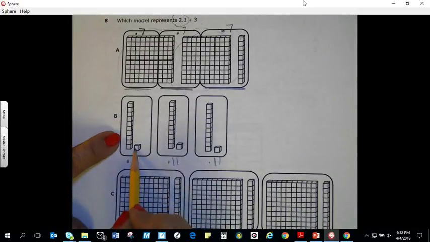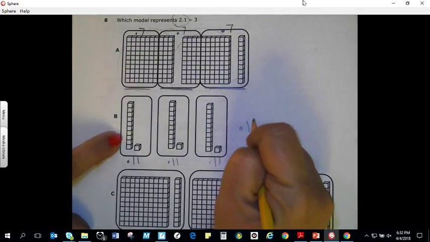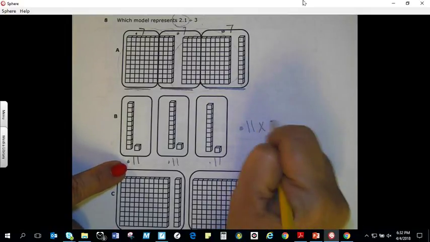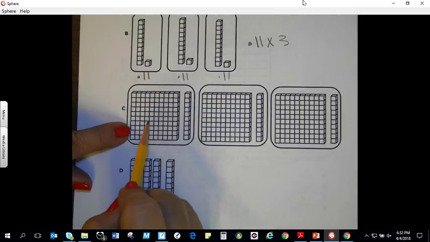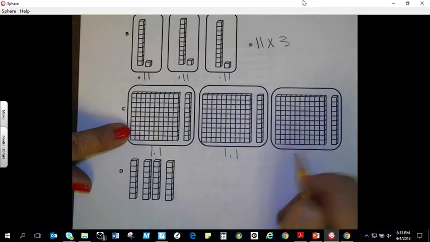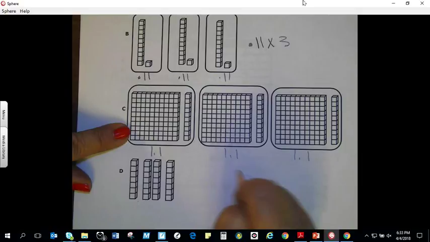Here, this is not at all. I have 11 tenths in 3 groups. So this would be 11, not 11 tenths, I'm sorry about that, 11 hundredths times 3 groups. Here I have 1 and 1/10, 1 and 1/10, 1 and 1/10, and 3 groups of each.